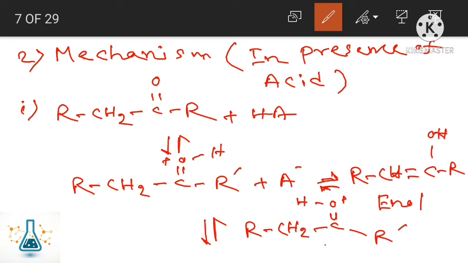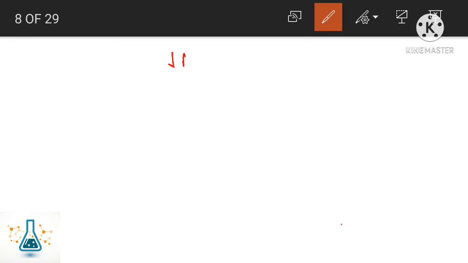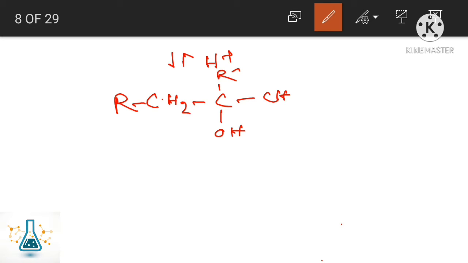So this attack will happen, and we will get this type of aldol compound: RCH2, R prime, H, CHR, double bond R prime.